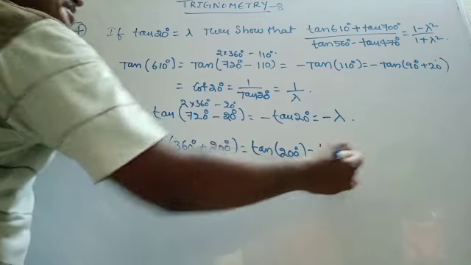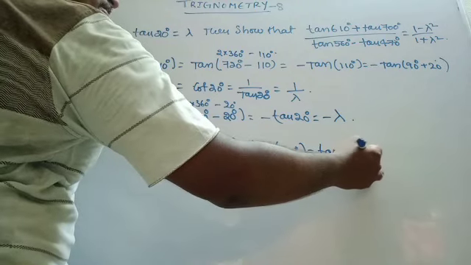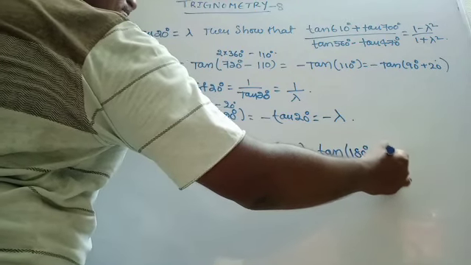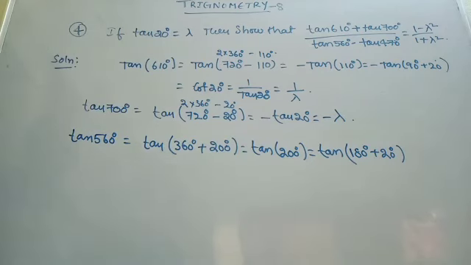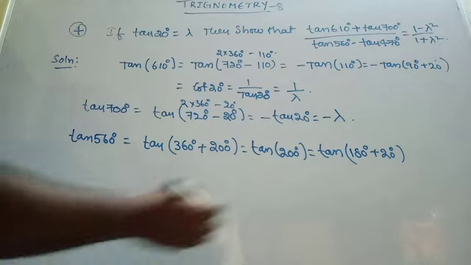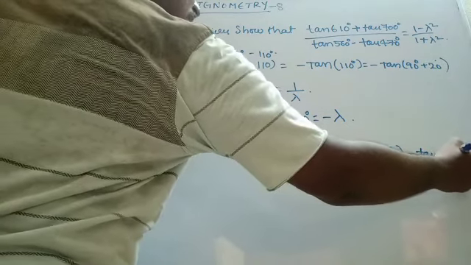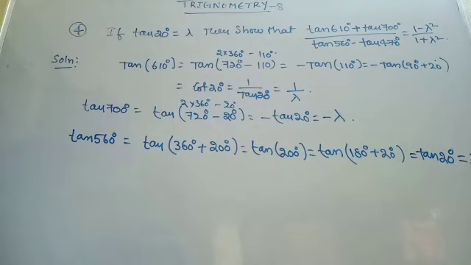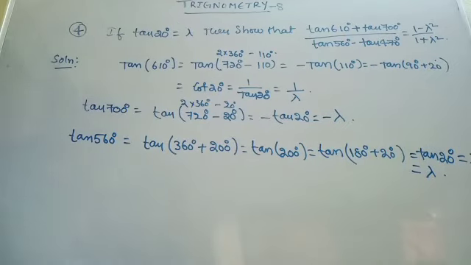Once again, we write 200 degrees in terms of 20 as 180 degrees plus 20 degrees. Tan of 180 plus theta is in the third quadrant and becomes tan theta only. That means tan 20 degrees, which is lambda only.